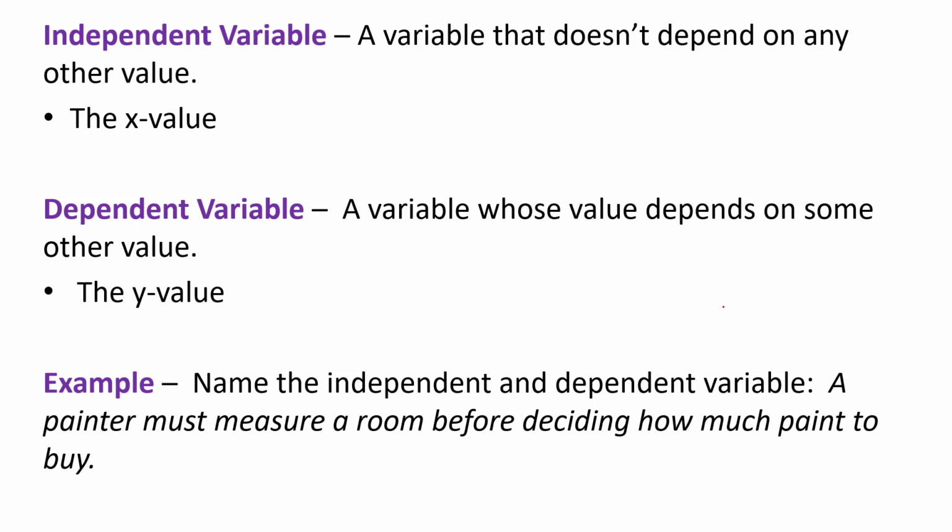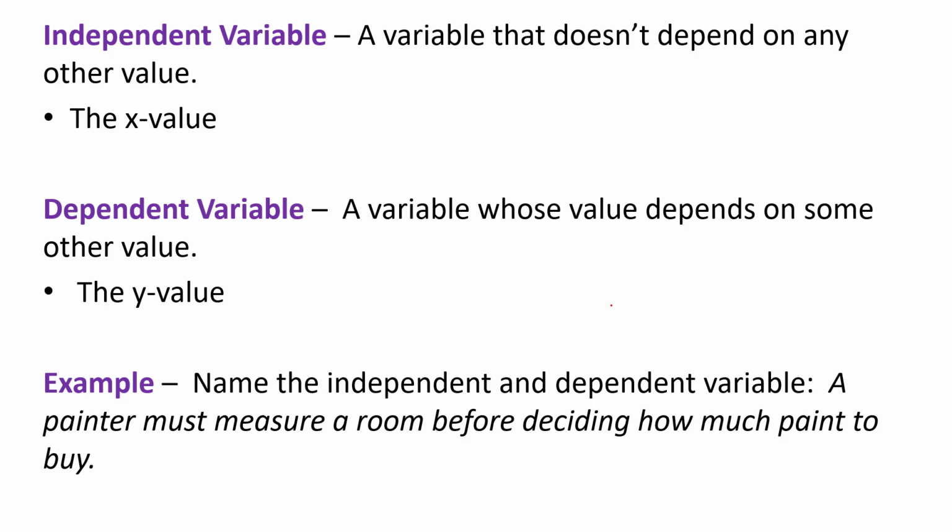It's all of your y values. And all of your y values constitute the range. So we have an independent variable, we have a dependent variable, and we have an example. Go ahead and pause the video, jot down your notes for independent, dependent, and then see if you can determine the independent and dependent variable in the example.